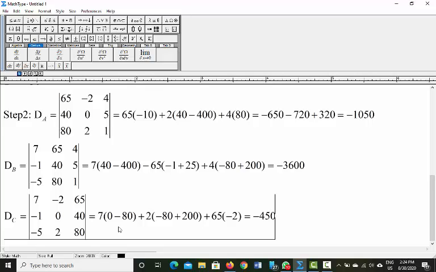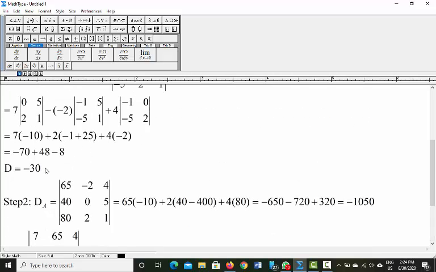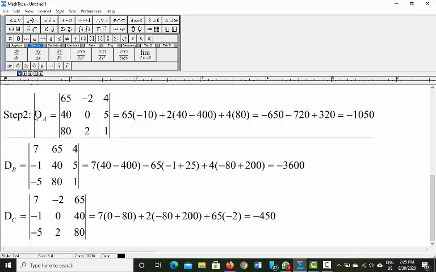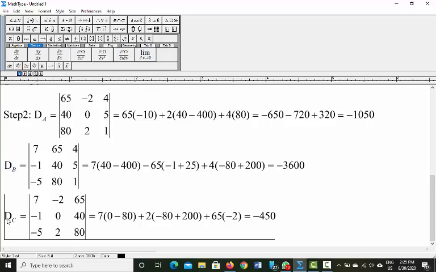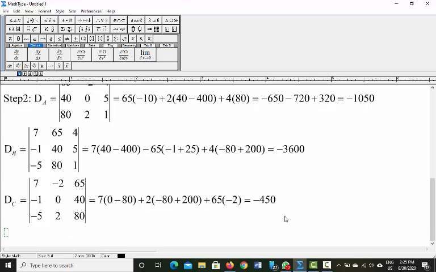So now that means we have got the determinant for the coefficient matrix, for coefficient A, for coefficient B, and for coefficient C, and then we will find out the values of A, B and C.